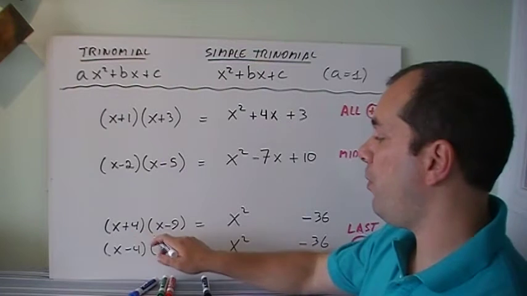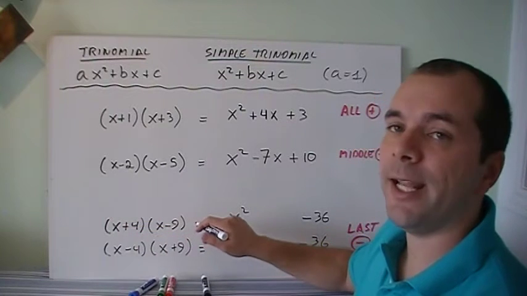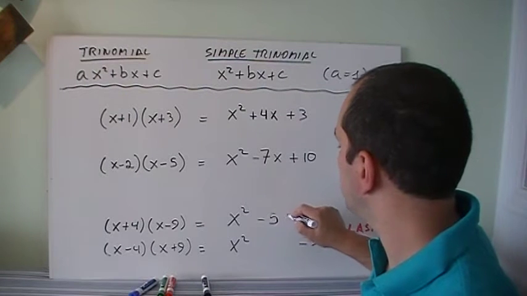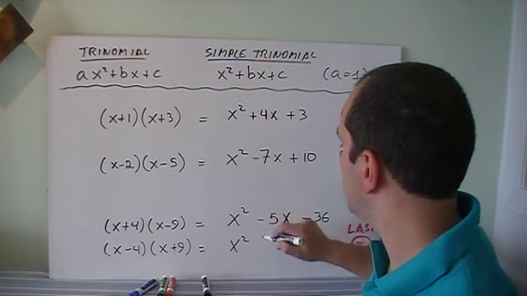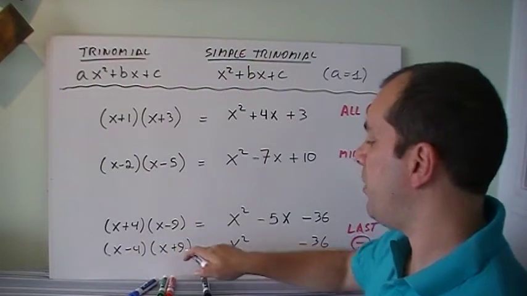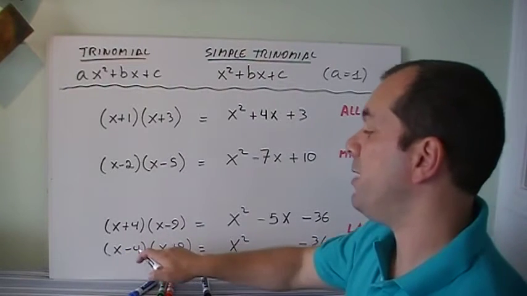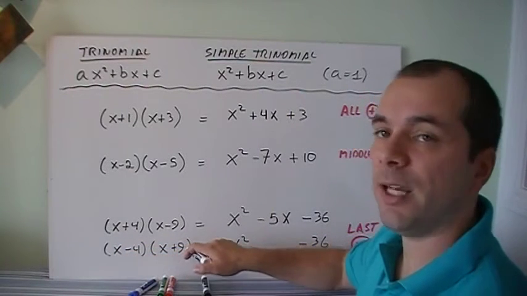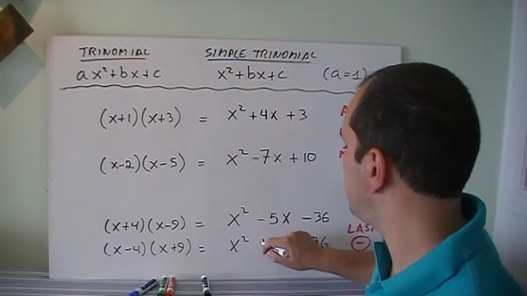And 4x minus 9x gives me minus 5x. If the signs are reversed, well, we have x squared, we have minus 36 still, but now it's going to be minus 4x plus 9x, which is plus 5x.